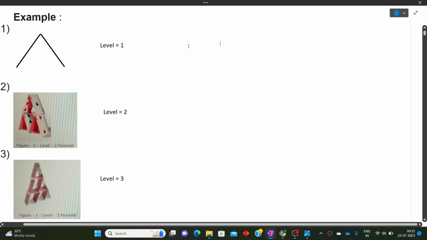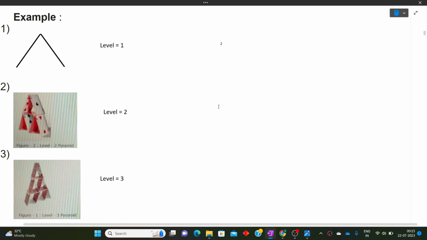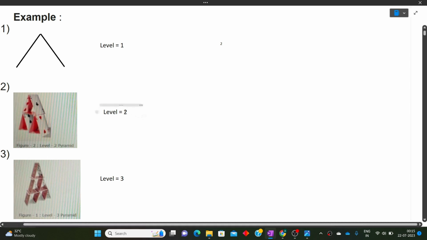Here in level 1, we know that only two cards are there, so we will simply write 2 here. I am currently writing the number of cards used, and then we will break down how to solve for the nth level. Now coming to level 2. When level 1 was there, only one triangle was there.